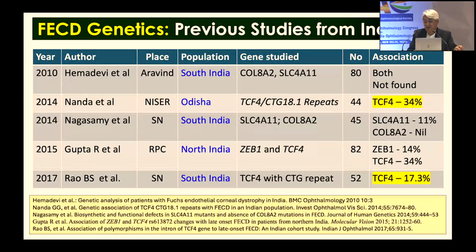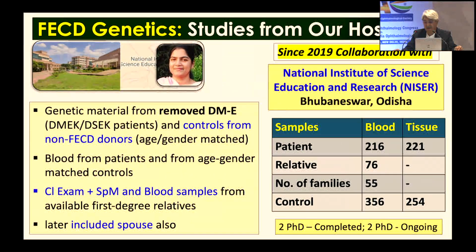The few studies available from India, from South India, Odisha, North India, show TCF4 between 17.3 to 34%. Then we collaborated with NISER, in Bhubaneswar, Orissa. We used to send all the materials after doing DMEK or DSEK, and also blood. We call it the FECD group. We also have controls from non-FECD donors, age and gender matched, and blood from the patient and from age and gender matched controls.